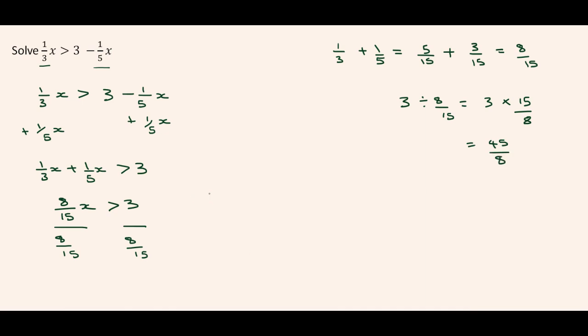So therefore, x is greater than 45/8. Another way you can write this is, if you divide 45 by 8, 5 times 8 is 40, you have a remainder of 5. So x is greater than 5 and 5/8. These are two different ways of representing the solution.